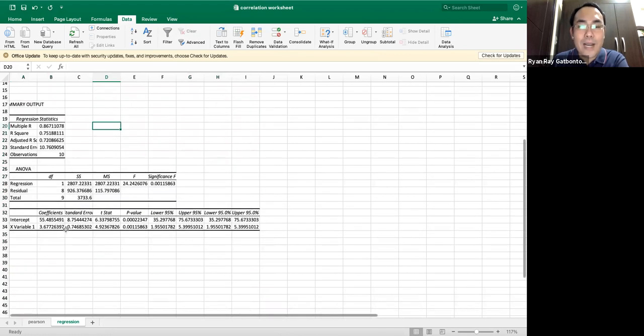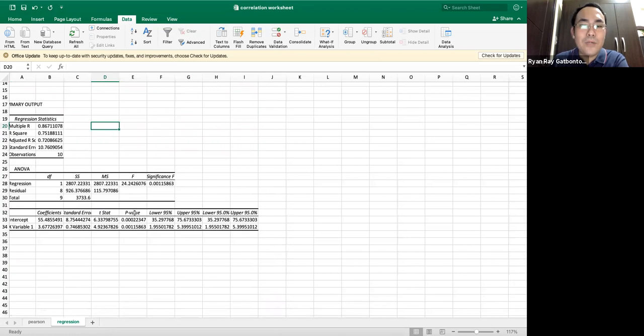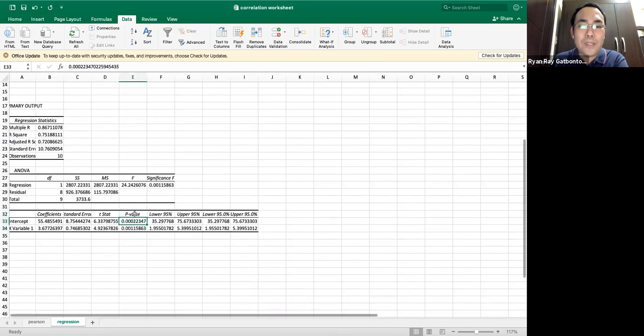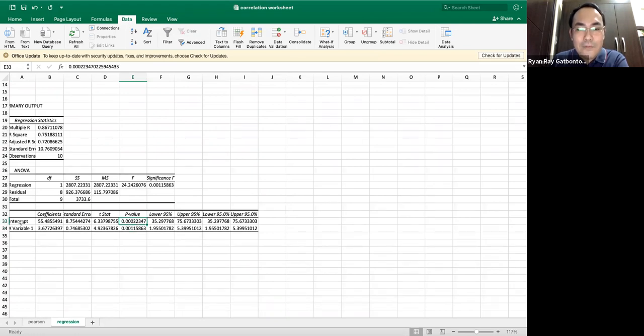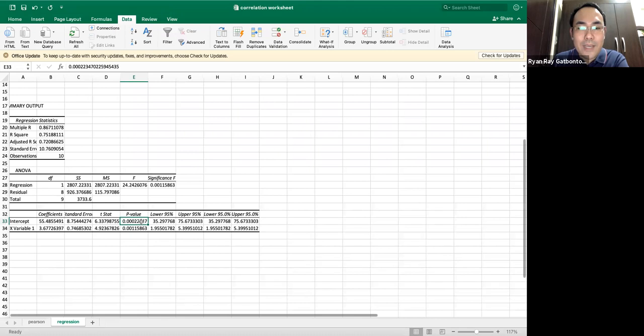To know whether our equation is significant, we look at this column, the p-value. We see that our p-value is around 0.002 for the y-intercept, and for your x variable, it's around 0.001.